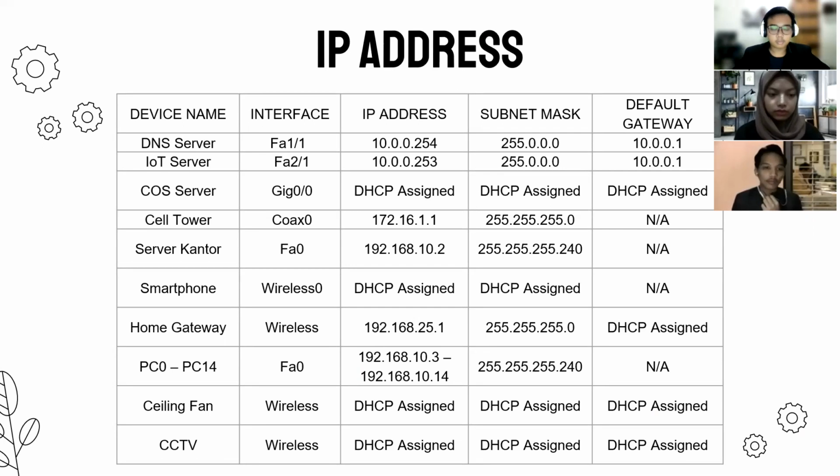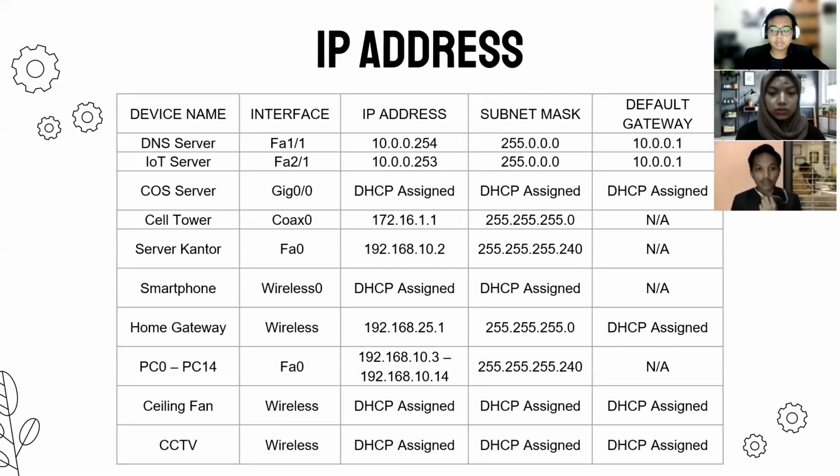Next, we have the device IoT server with interface port FastEthernet 2/1, IP address 10.0.0.253. The subnet mask and default gateway are the same as the DNS server.